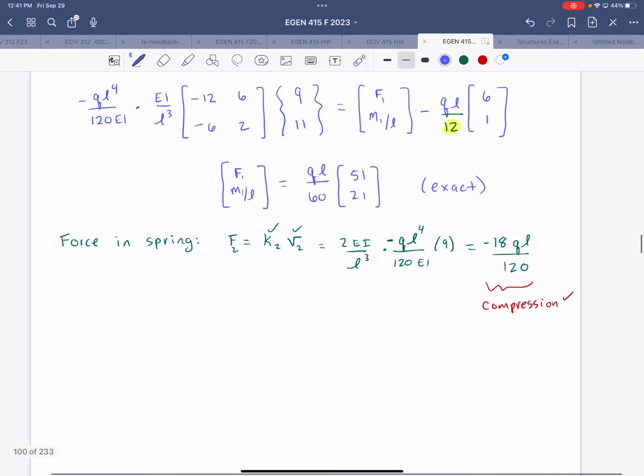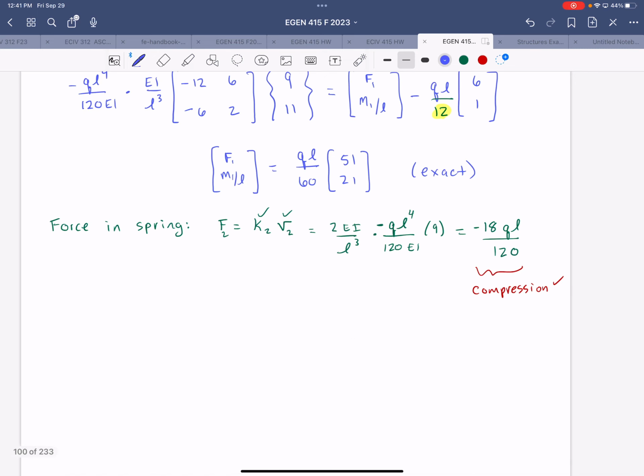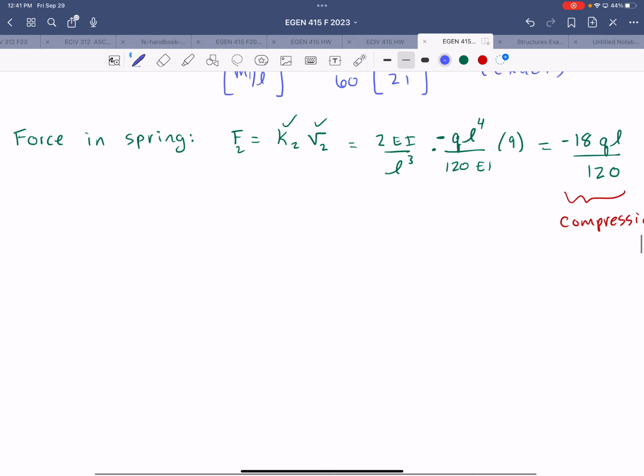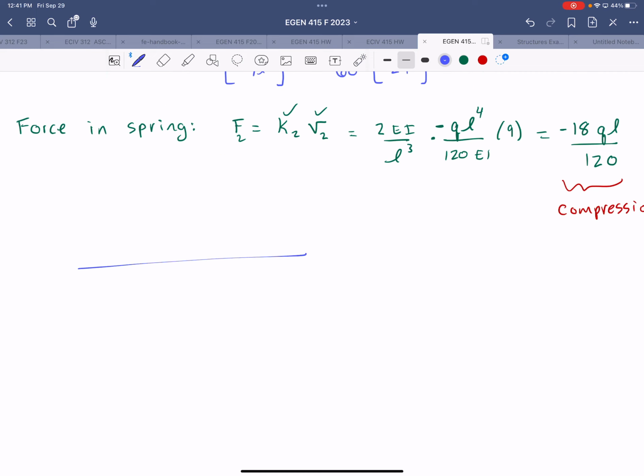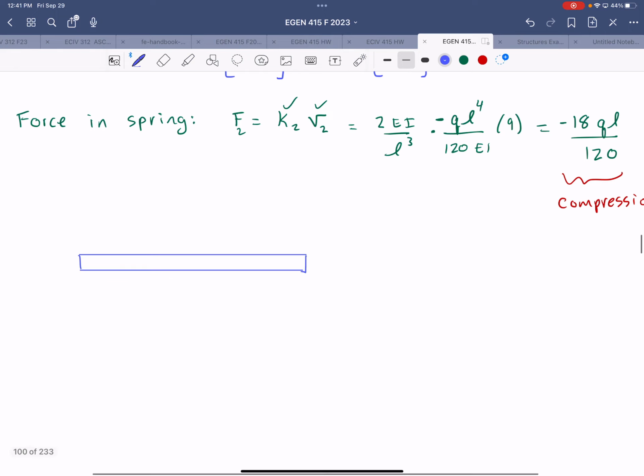When we interpret all of these results onto a final free body diagram, we have to think about what that means with respect to the beam. So we'll have our reactions at node 1: that's 17 over 20 times QL, and then the moment is 7 over 20 times QL squared.